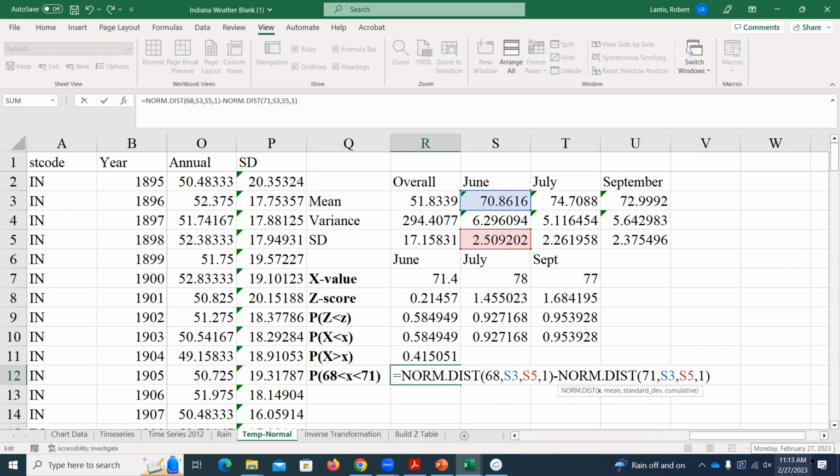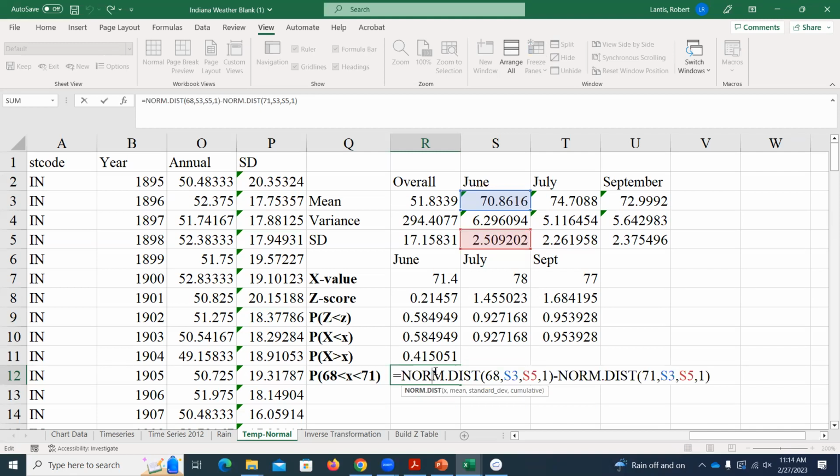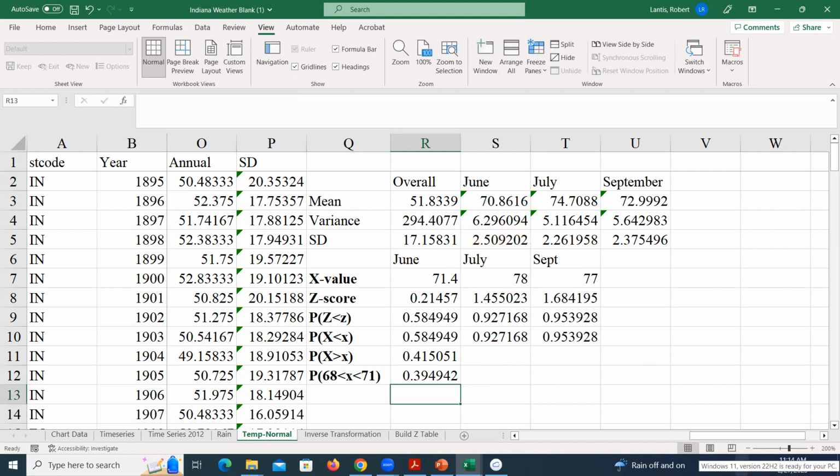If I think about what I'm doing, wanting the probability I'm in between these two values, why do I know I made a mistake? I'm looking at a probability. It has to be between 0 and 1. The mistake I made was subtracting the larger area from the smaller area, so that gives me a negative value. I should have put the higher cutoff value first and the other cutoff value second. Okay.